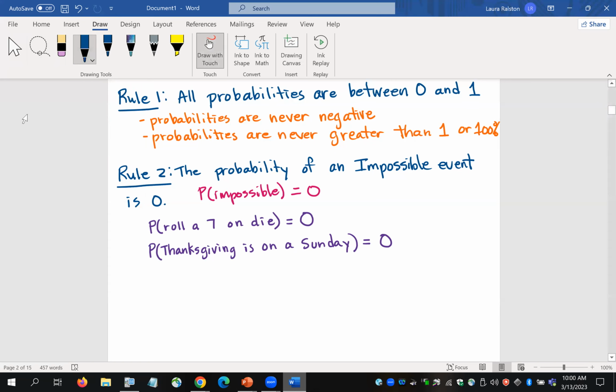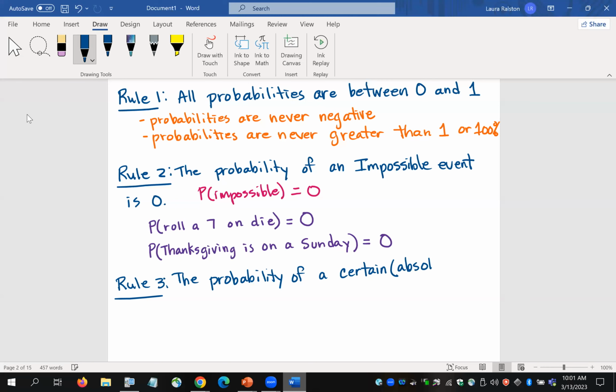Rule number 3 says the probability of a certain, or if you want to think about it as absolute, event, is 1.